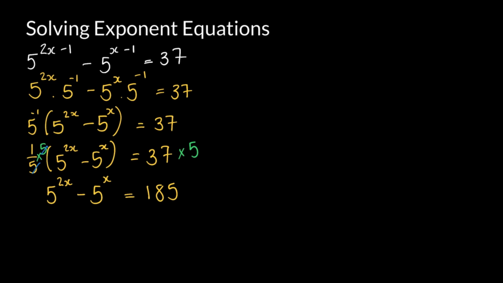I'm going to rename 5 to the power x as something else. Okay, I'm going to rewrite this, and I'm going to just say here, let 5 to the power x equal k.